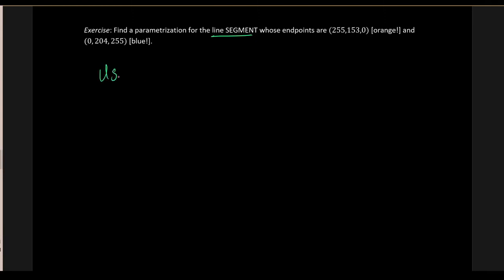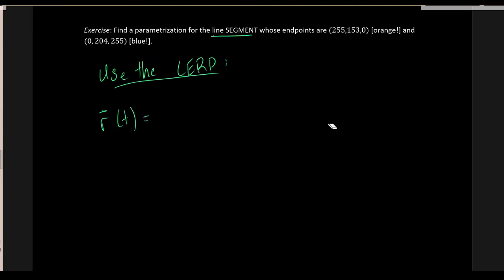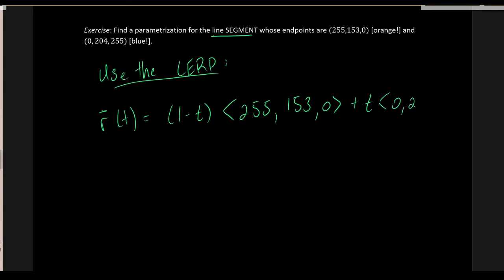Now for this, I can use the LERP formula to find the full line between these 2 points, the infinite line, which says that we can do the scalar 1 minus t times the vector pointing toward the first location, 255, 153, 0, and then the scalar t scaling the vector 0, 204, 255.